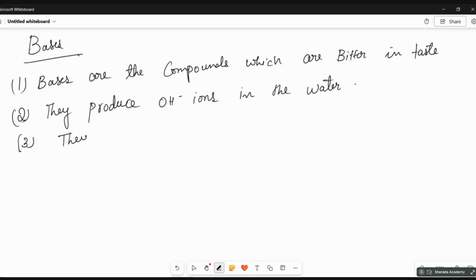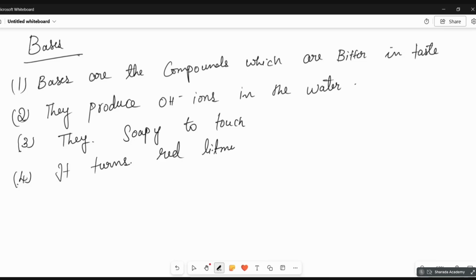They are soapy to touch. It turns red litmus to blue litmus.